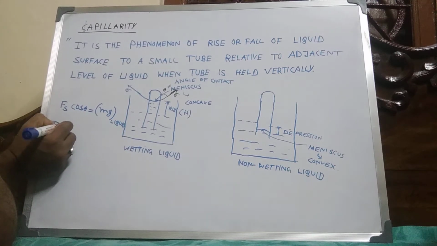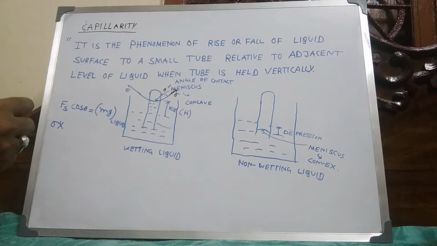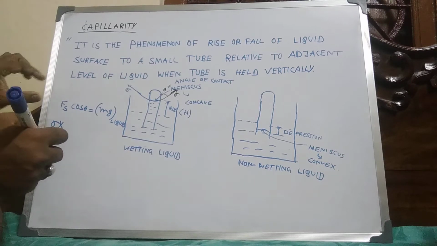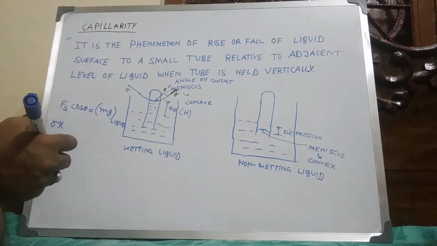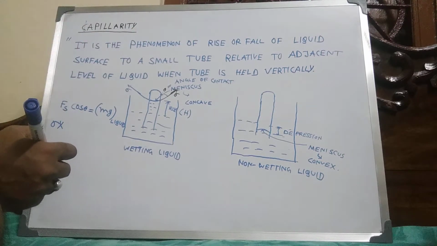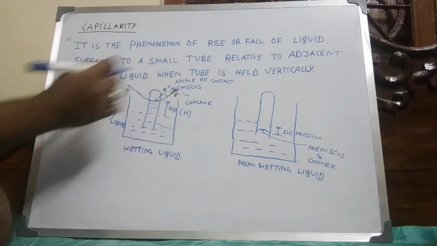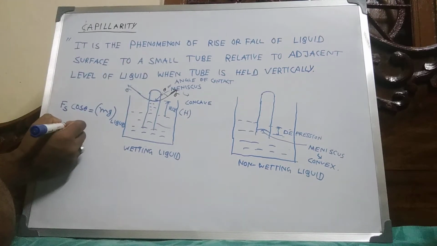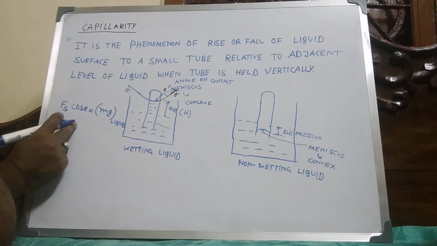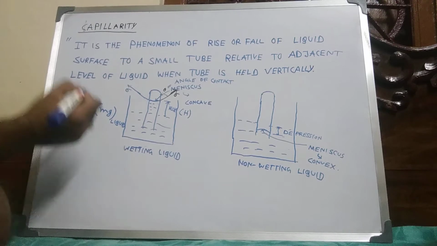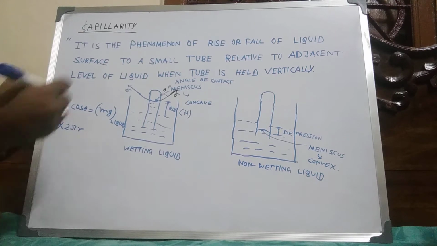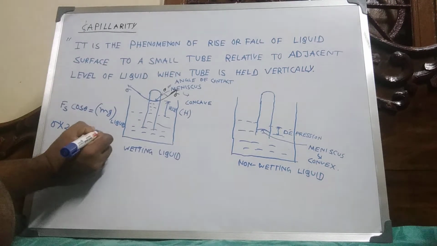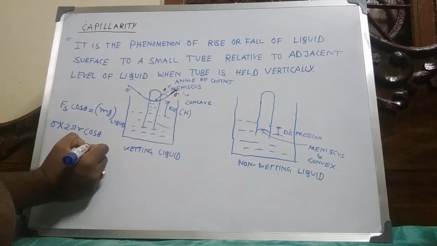Surface tension sigma into L. We know surface tension always acts along the circumference of the free surface, and the length is 2 pi r, where r is the radius of the capillary tube, into cos theta, equal to mg.